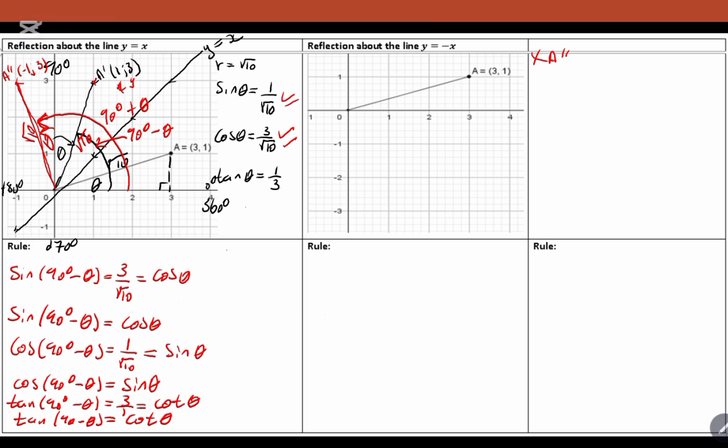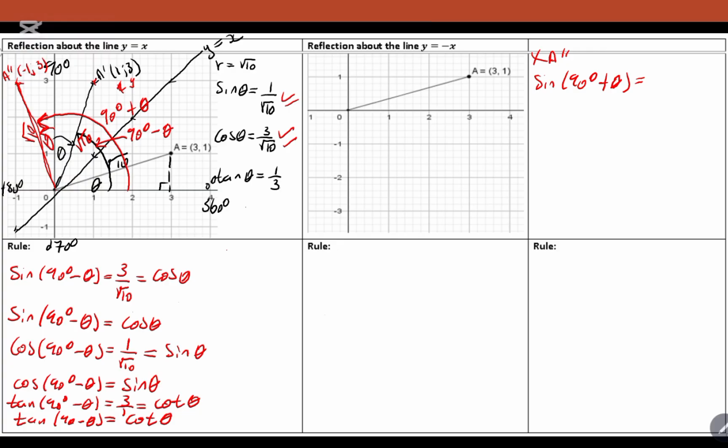Now let's go and look at the trigonometric ratios of that. Sine of 90 degrees plus theta. What does this equal to? Our terminal arm lies here by the point A2 prime. Now we know the ratio of sine is opposite over hypotenuse.